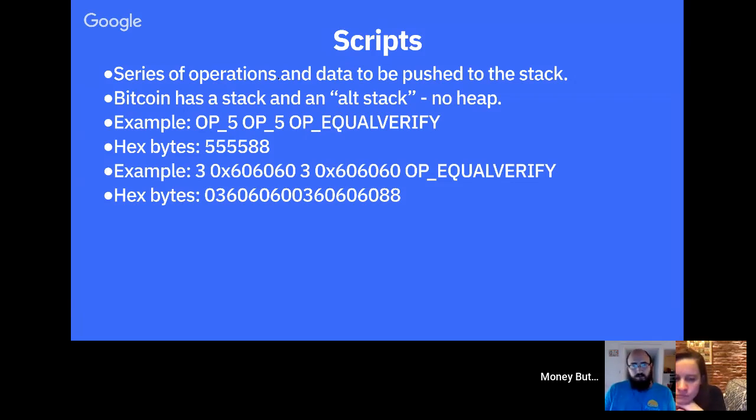What that says is push the following 3 bytes to the stack, hex 60 60 60, and then push the same thing to the stack again, and then do OP_EQUALVERIFY. So instead of asking is 5 equal to 5, we're asking is this 3-byte value equal to this 3-byte value? And that would also evaluate to true because you can look at it and see it is equal to itself. And then I show what that looks like written in hex at the bottom there.